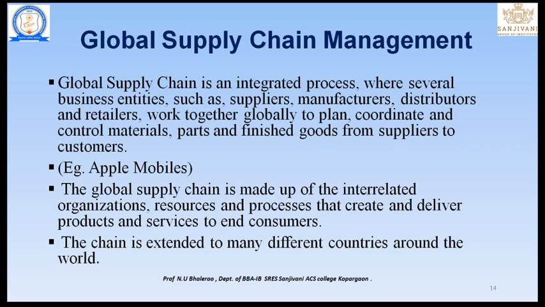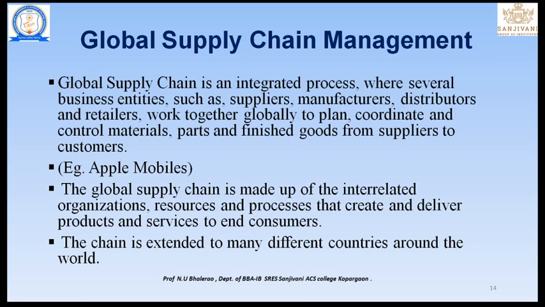Understanding global supply chain management: a global supply chain is an integrated process where several business entities such as suppliers, manufacturers, distributors, and retailers work together globally to plan, coordinate, and control materials, parts, and finished goods from suppliers to customers.